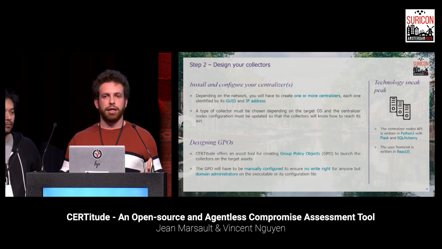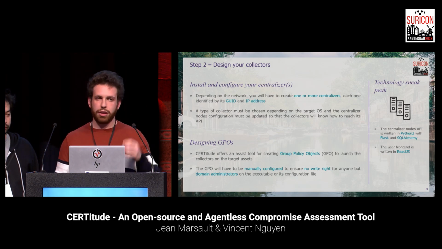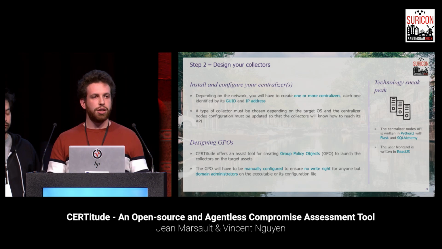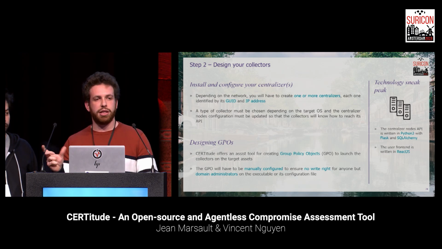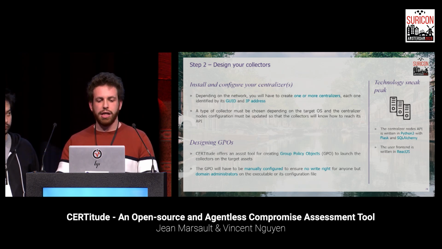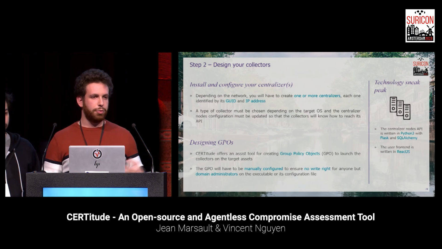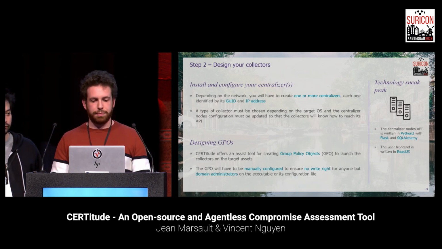So how does it work after that? Like we said, you may be in a situation where you need multiple centralizer nodes. So you will have to export some kind of configuration file from the master node to initialize all the centralizer nodes. All of them will be identified by a global GUID and their IP address, and you will feed them the indicators of compromise that you will have entered on the master node to configure the centralizer node.